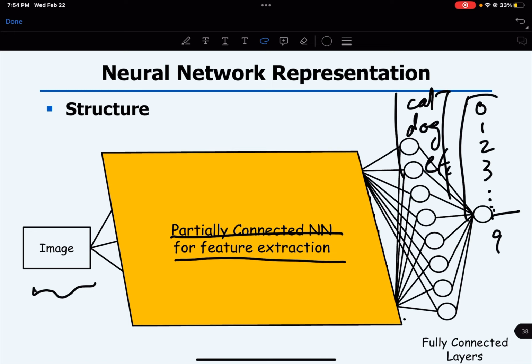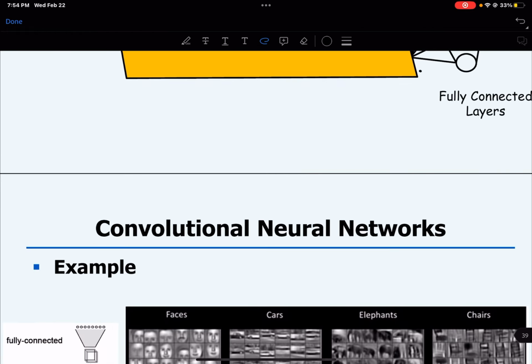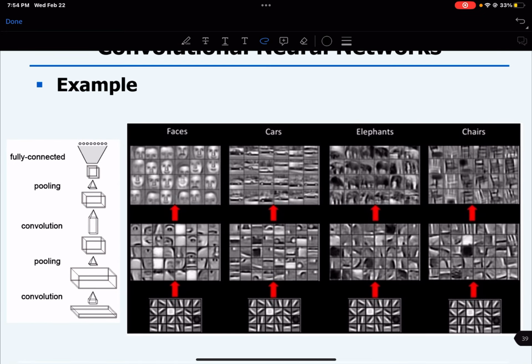So we can have a classification at the end using the features that we have extracted from the images.